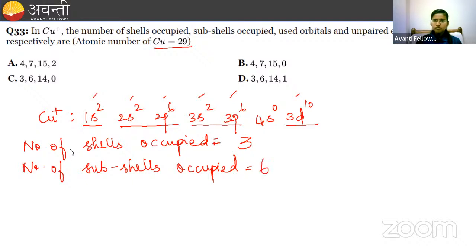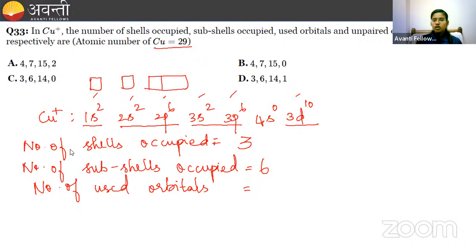And the third is the number of used orbitals. For 1s, we have only 1 orbital. For 2s again, 1 orbital. For 2p, we have 3 orbitals. And for 3s, 1, and for 3p, 3. And for 3d, it is 5.